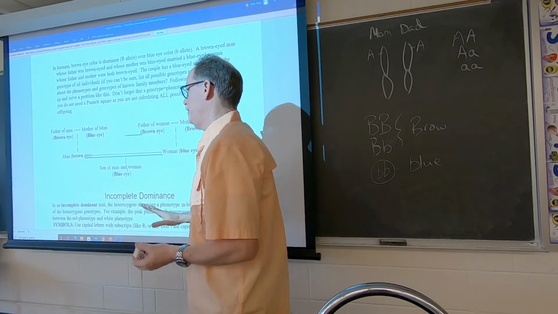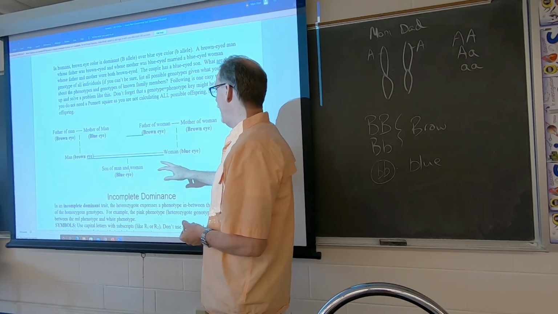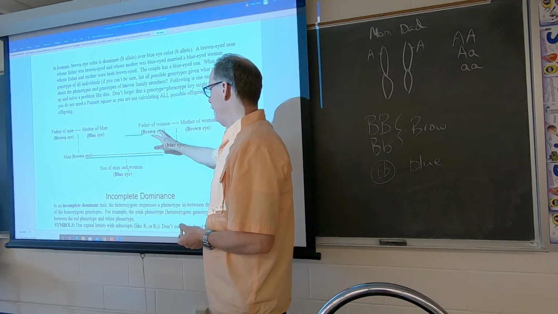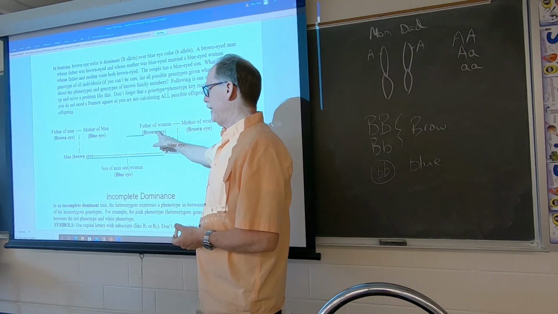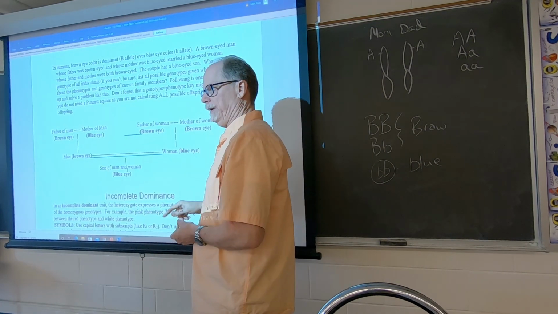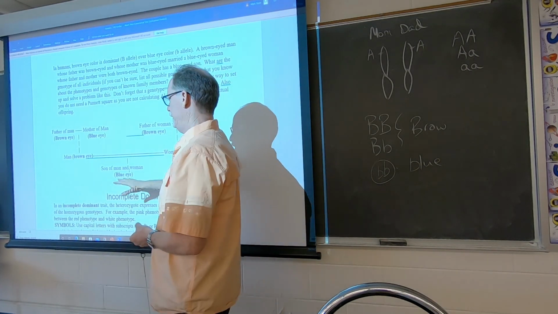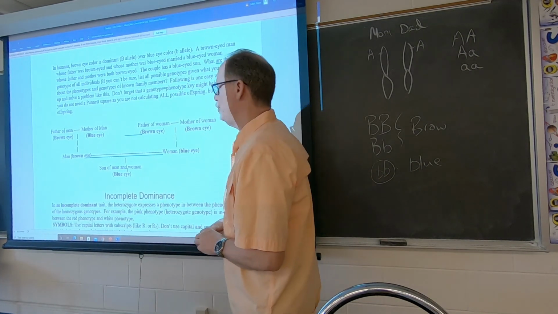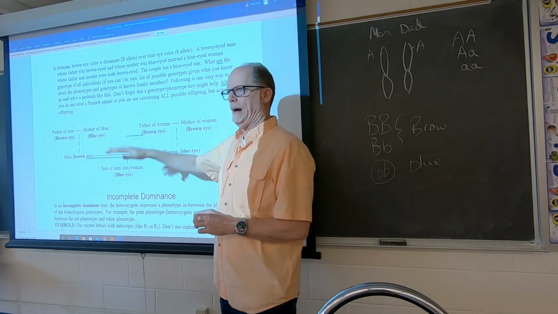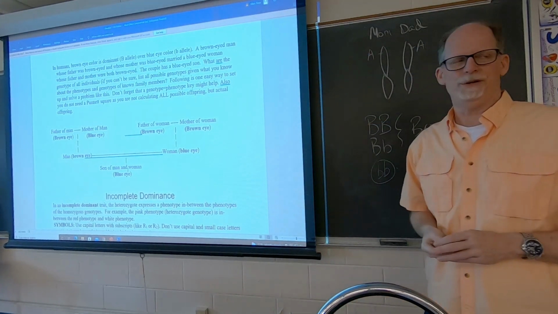So you know what that genotype is. If these two are brown and this one's blue, then both of these guys, this guy has to have the little b, this guy has to have the little b. And that's how you end up. So you should be able to go backwards. It'd be nice if you could.